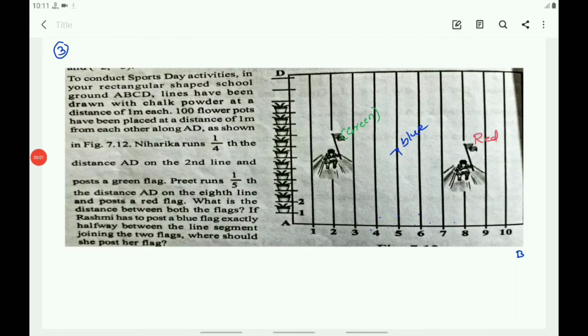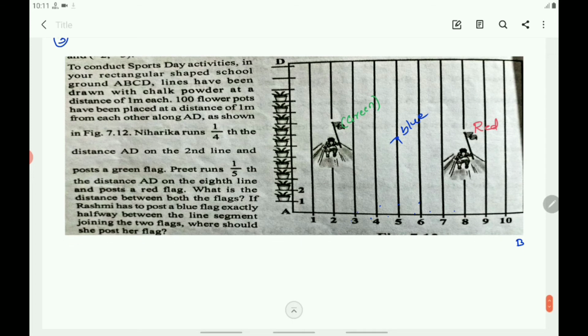Now the third question. To conduct sports day activities in a rectangular shaped school ground ABCD, lines have been drawn with chalk powder at a distance of 1 meter each. 100 flower pots have been placed at a distance of 1 m from each other along AD, as shown in the figure.